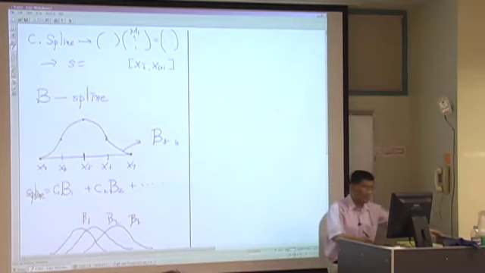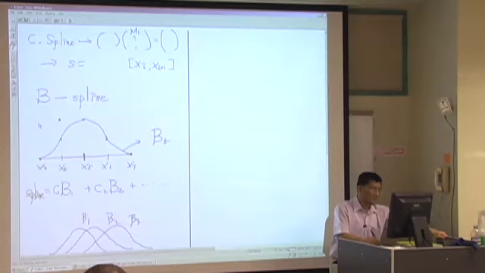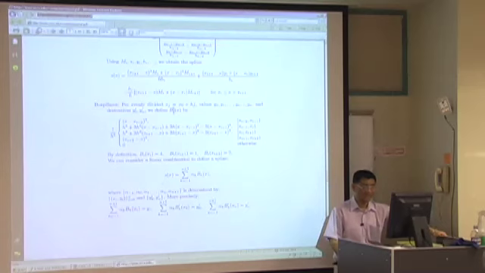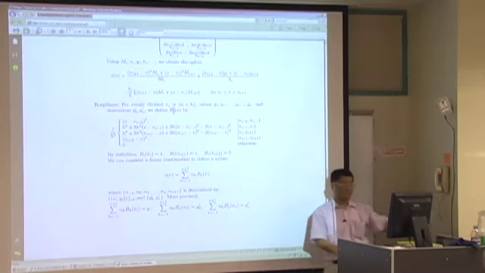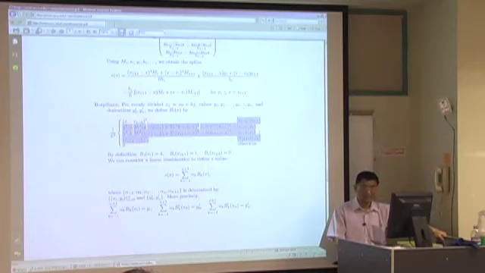And what about the spline having 1 here? Then B4. What is the spline having 1 here? B3, right? And so on. So we define this kind of thing. And as you can see, everywhere else it has 0 height, right? Only between this sub-interval it has something, right?